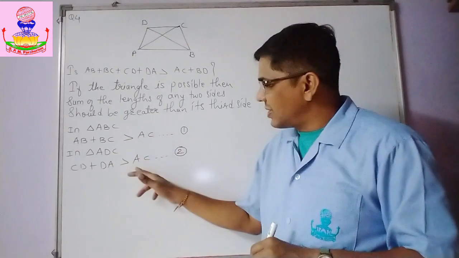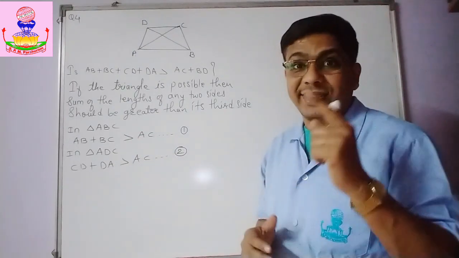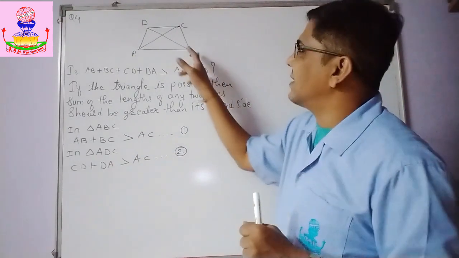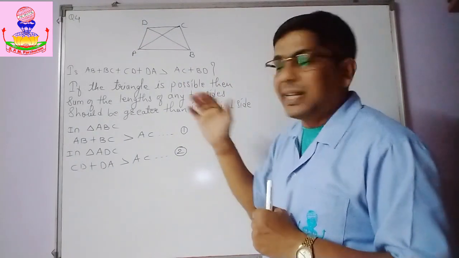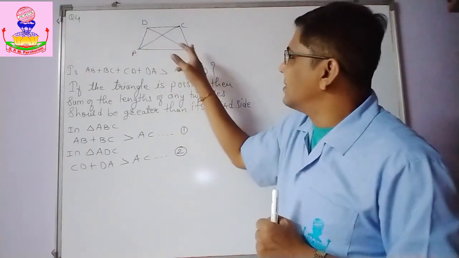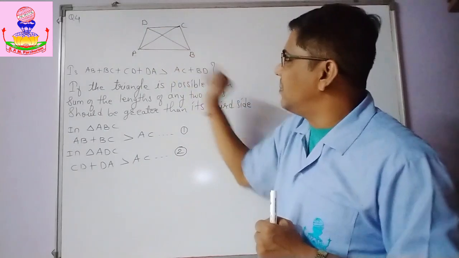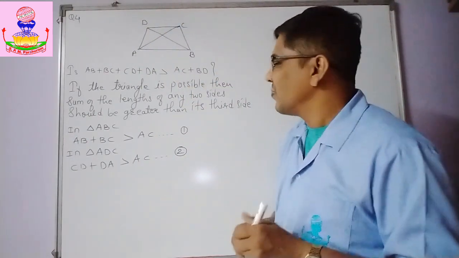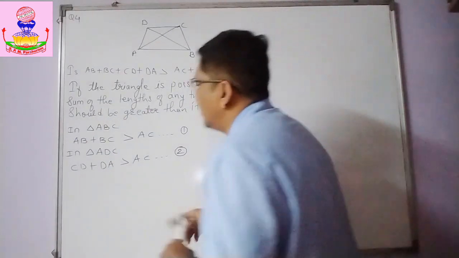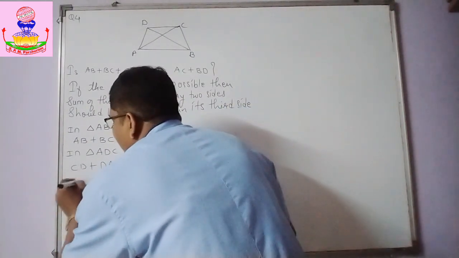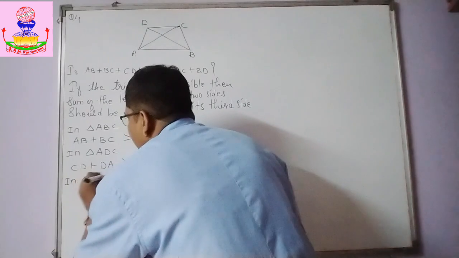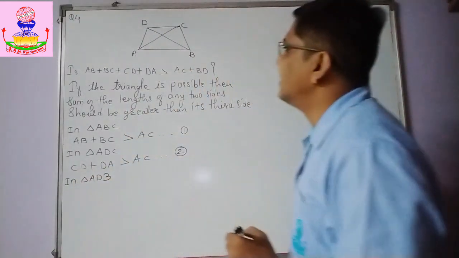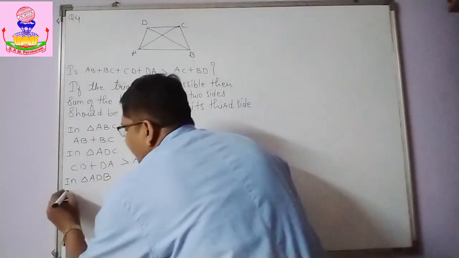So you are coming across the same length AC, the same diagonal. Now I want the next diagonal BD. So again I have to consider triangles. Now I will consider triangle ADB and then I will consider triangle DCB. So in triangle ADB, what I will have?